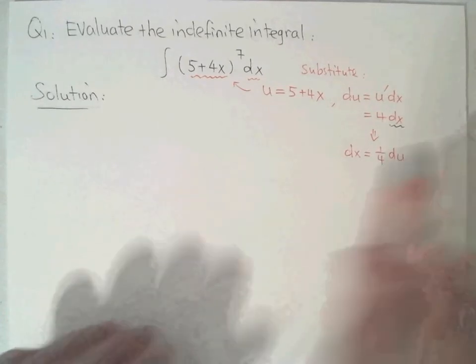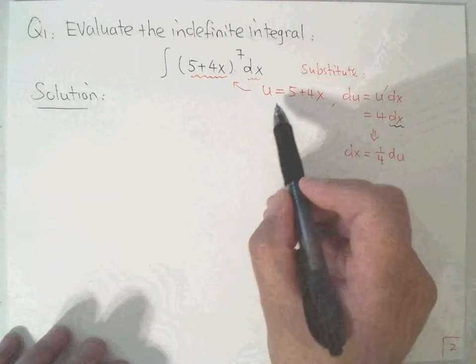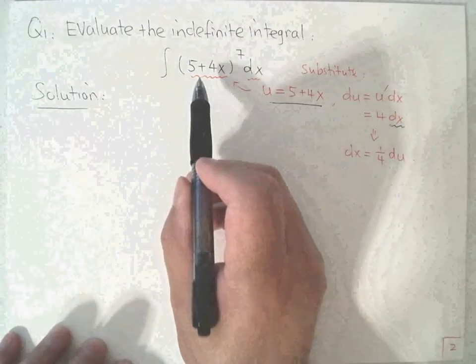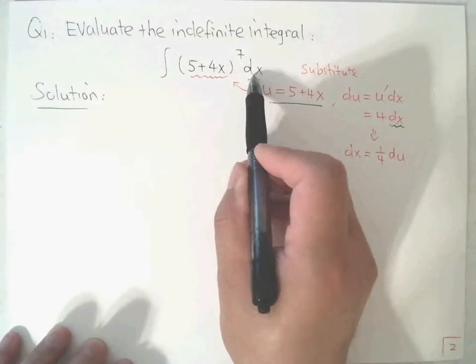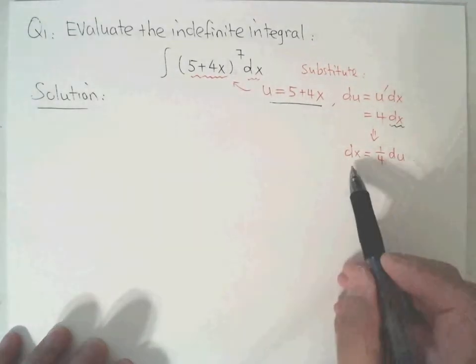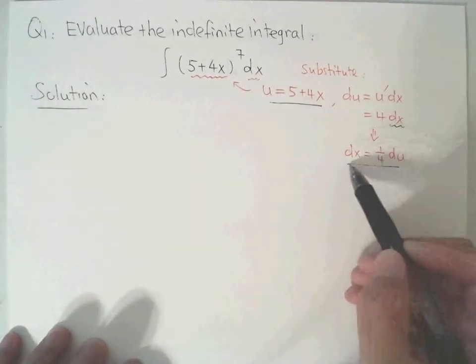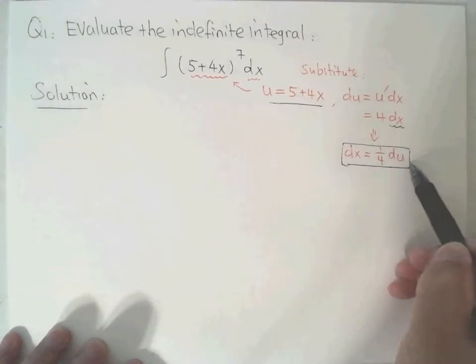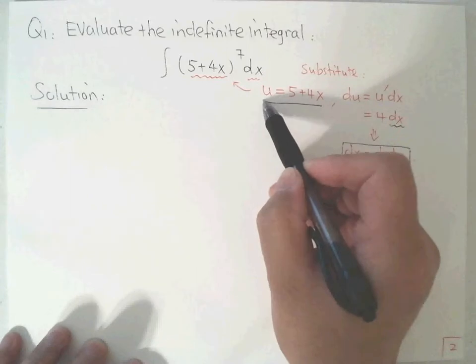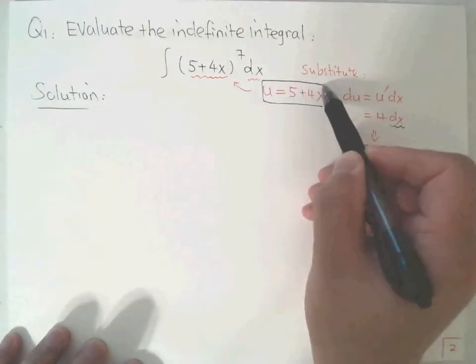Okay, so everyone, if we plug this into the integral function, the integral function will be changed, and the dx also will be changed in this way. I put these two together. This is the one we need for dx. This is the one we need for the integral function.